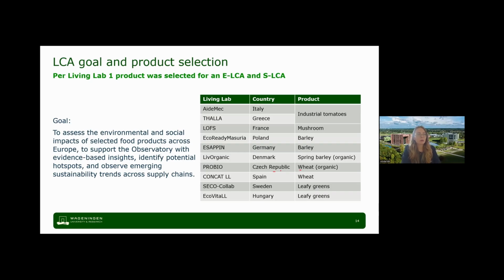And we chose to have certain products multiple times in different countries, so in different living labs, so there's some clustering, so that hopefully we can identify some trends within the production of this product in this country, to see if the impacts are similar when it's produced in another country or not, and if they face similar challenges in the future as well. And there's some organic and non-organic products. So this is the selection of products we assessed. So we did 10 baseline LCAs, let's say, and we collected 10 times the primary data from farms in these countries.